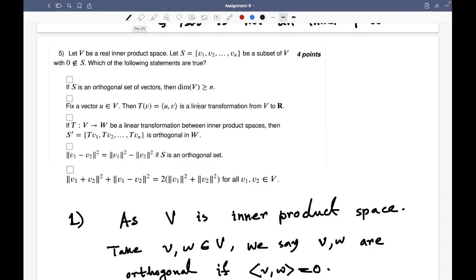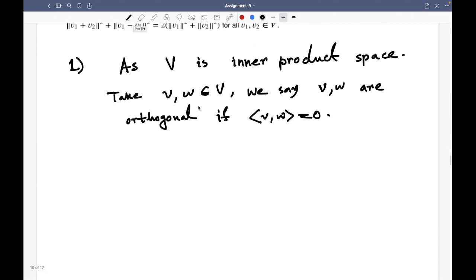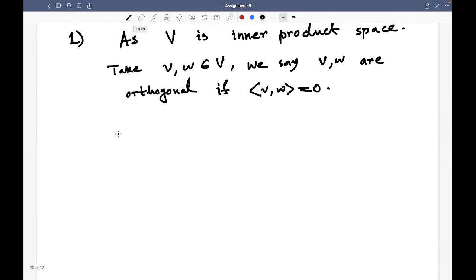So we'll show that if S is an orthogonal set of vectors, then S is linearly independent. What is S? S is V1 up to Vn. And what is given?